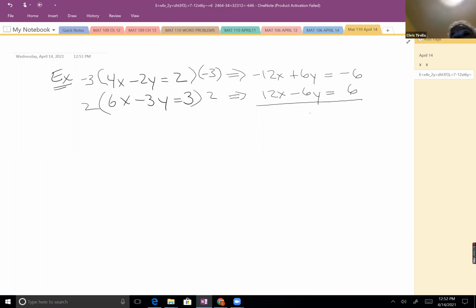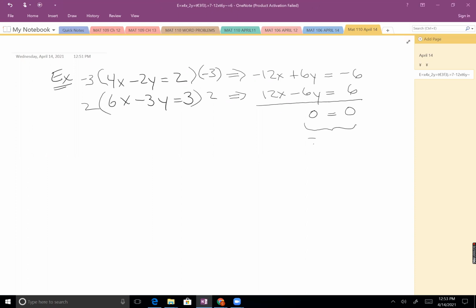This time when I add, I get 0 equals 0. I want to look at that equation. Is that true or is that false? True.